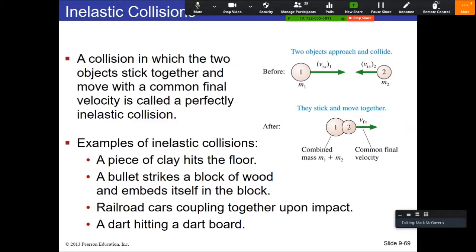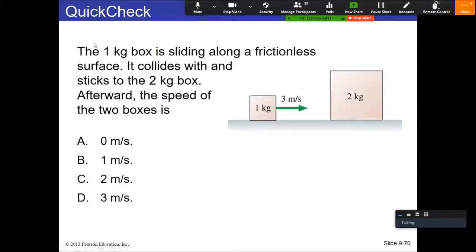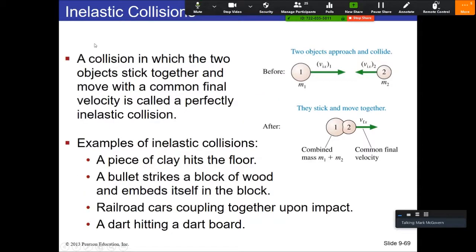What it means physically for an inelastic collision is that momentum is conserved in inelastic collisions. However, energy is not conserved. That's going to be different from elastic collisions that I'm going to talk about a little bit later in the lecture.